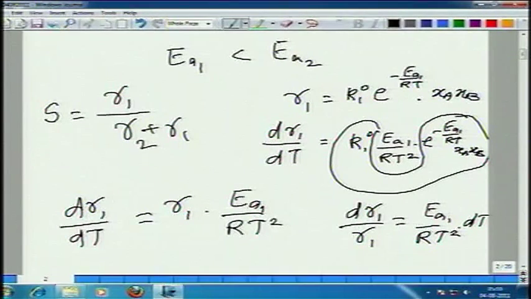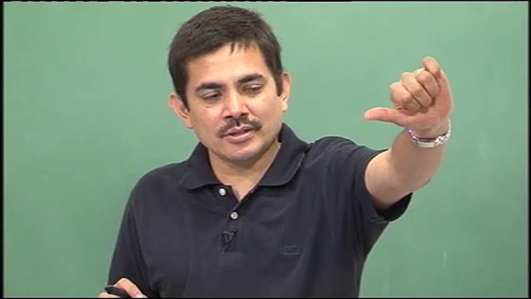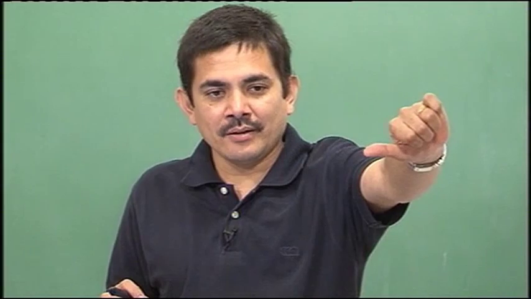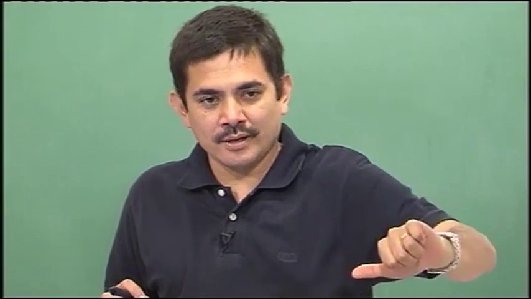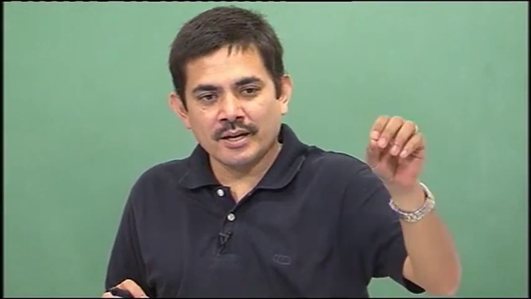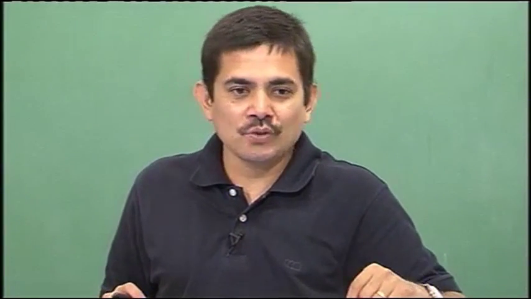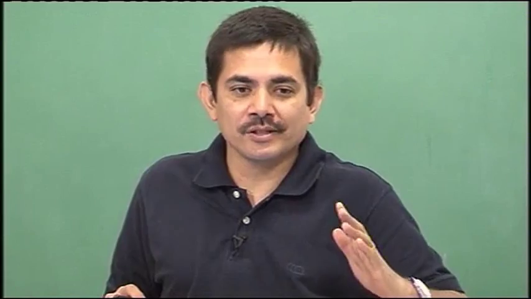If right now my reaction rate was X, main reaction, and side reaction was Y, X changes by 2% when I change the temperature, Y would change by more than 2% because its activation energy is higher. Yes or no? All right.